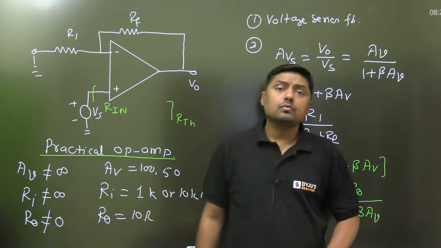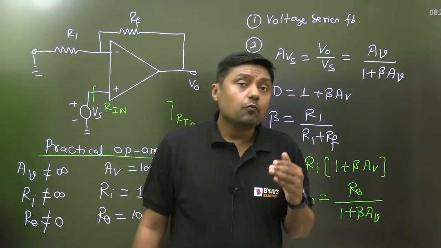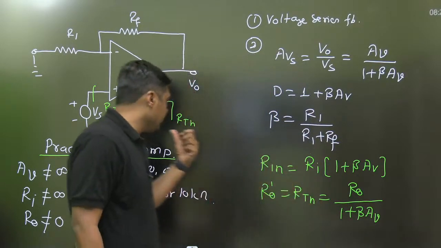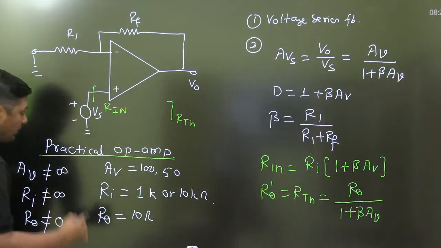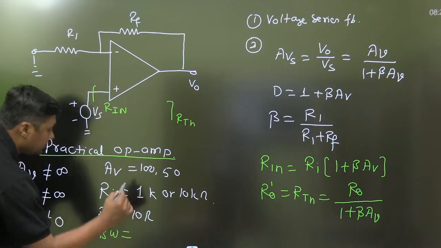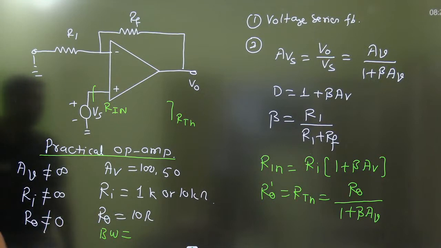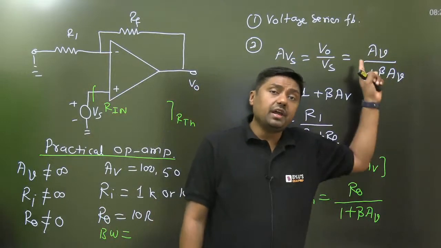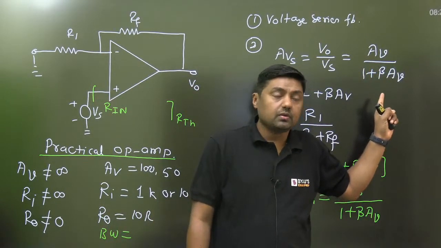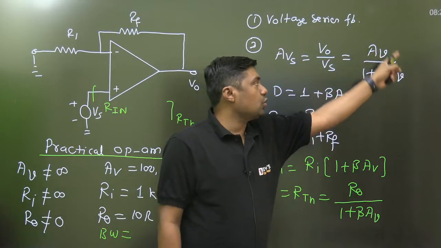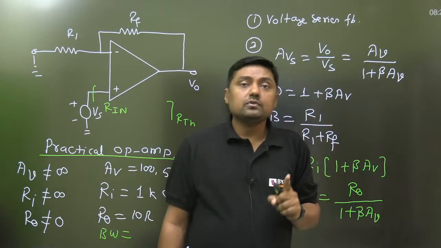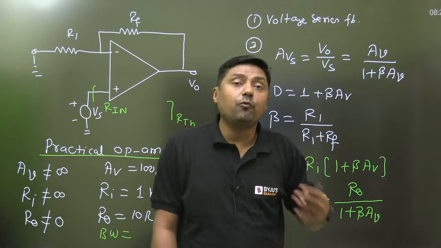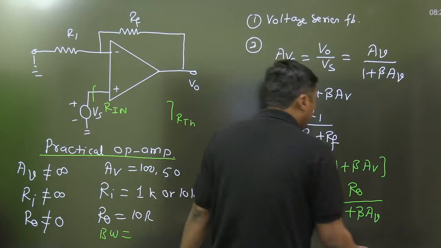What will be the last question? Suppose for the open loop system, the bandwidth is given, for example for a practical operational amplifier. If the bandwidth for the open loop system is mentioned, always remember, if the gain is reduced by 1 plus beta AV, from the open loop gain to the closed loop gain, then the bandwidth will increase by 1 plus beta AV.